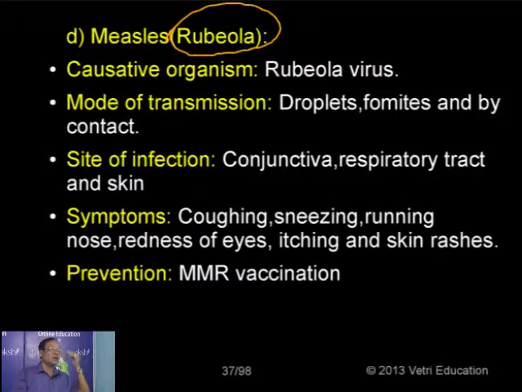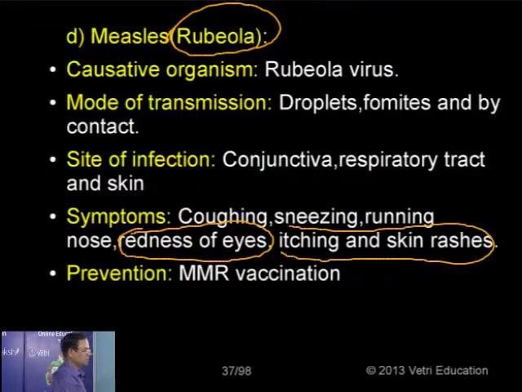As the conjunctiva is affected, you can have redness of the eyes, because of the inflammation of the conjunctiva. Then ultimately we have the skin rashes, and that is why the person has an itching sensation. So itching and then skin rashes.